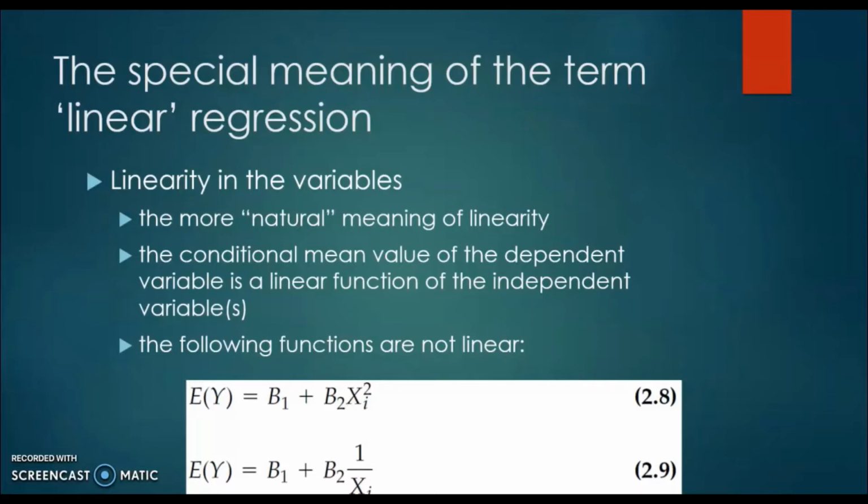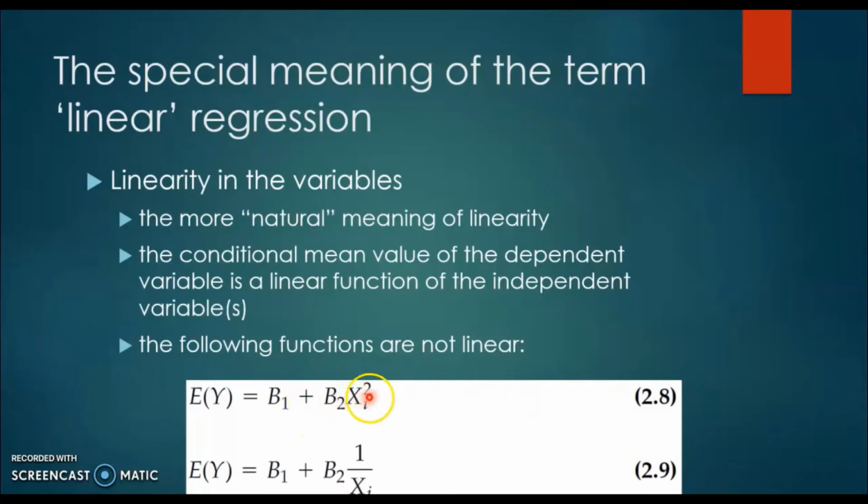And when we say linear, it can actually be interpreted in two different ways. One is linearity in the variable, and this is perhaps the more natural meaning of linearity, which is that the conditional mean value of the dependent variable is a linear function of the independent variables, such as we can see in equation 2.8 and in equation 2.9.